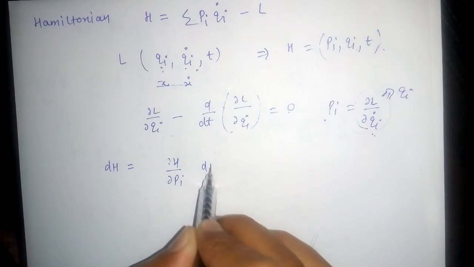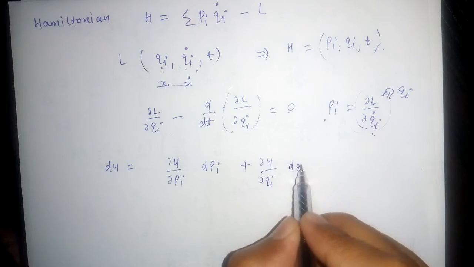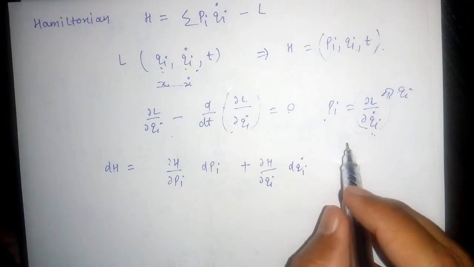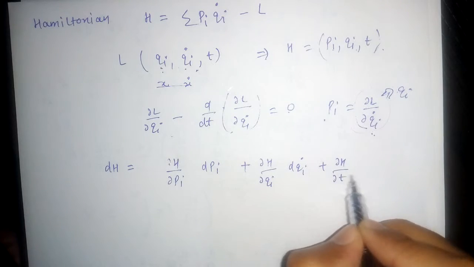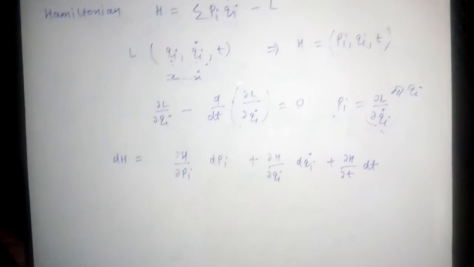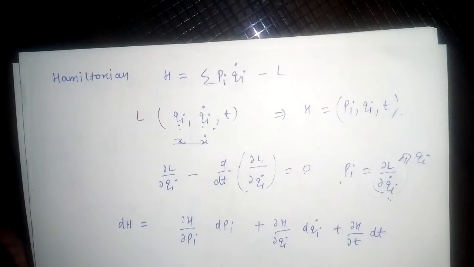Pi, delta H on delta qi, in that equation. I also take the perfect differentiation and compare both sides.